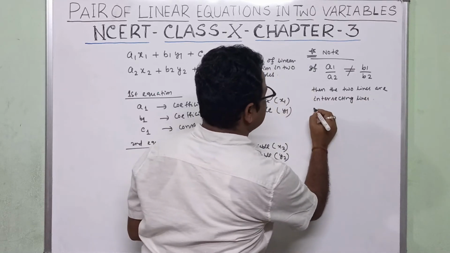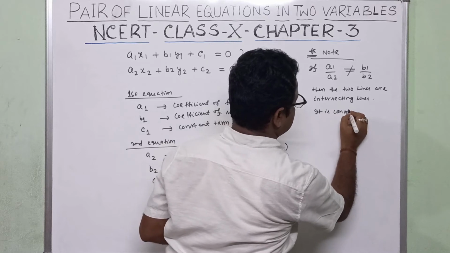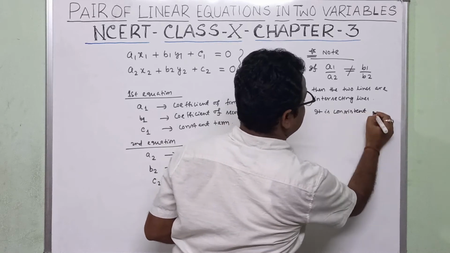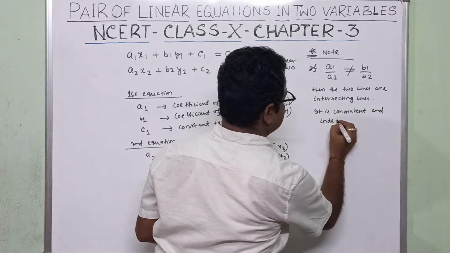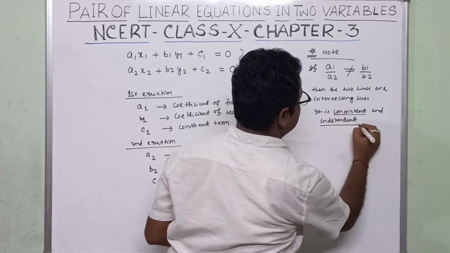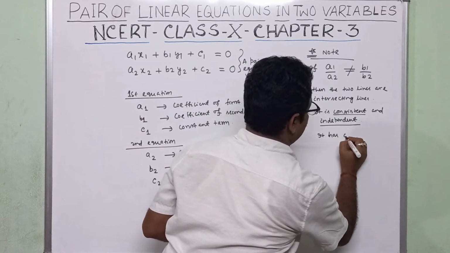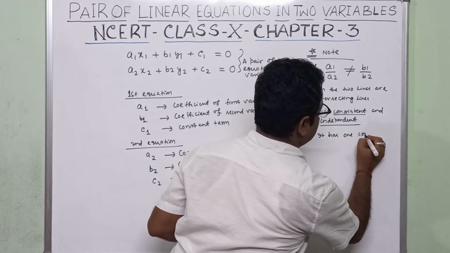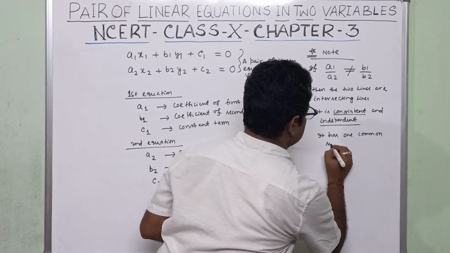Intersecting lines, that means it is consistent and independent. It has one common solution.